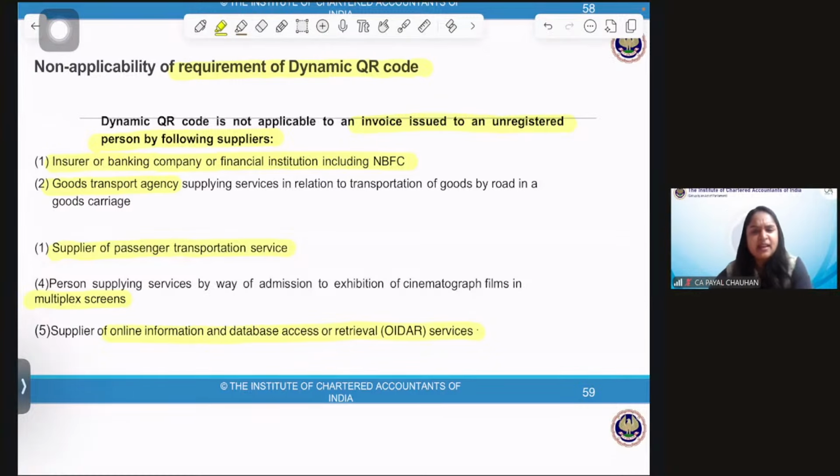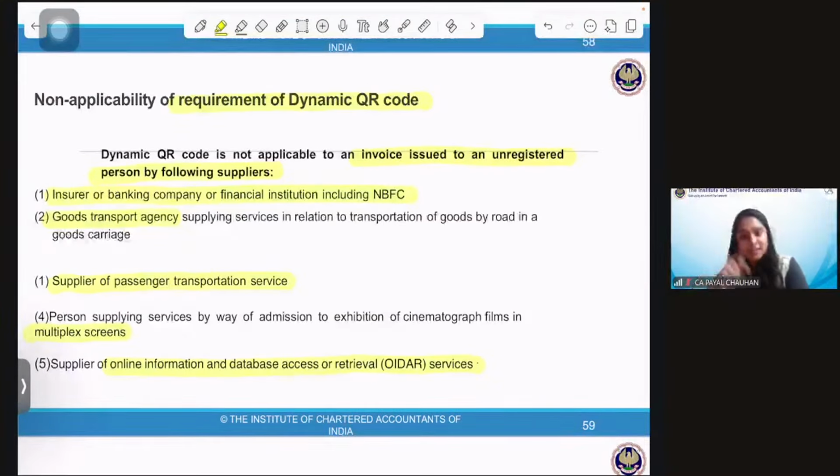OIDAR. Okay, can anyone tell me what kind of exemptions we have already read for these people? What were those exemptions? Exemption from issuing? You have to make a difference. Perfect, Adil.